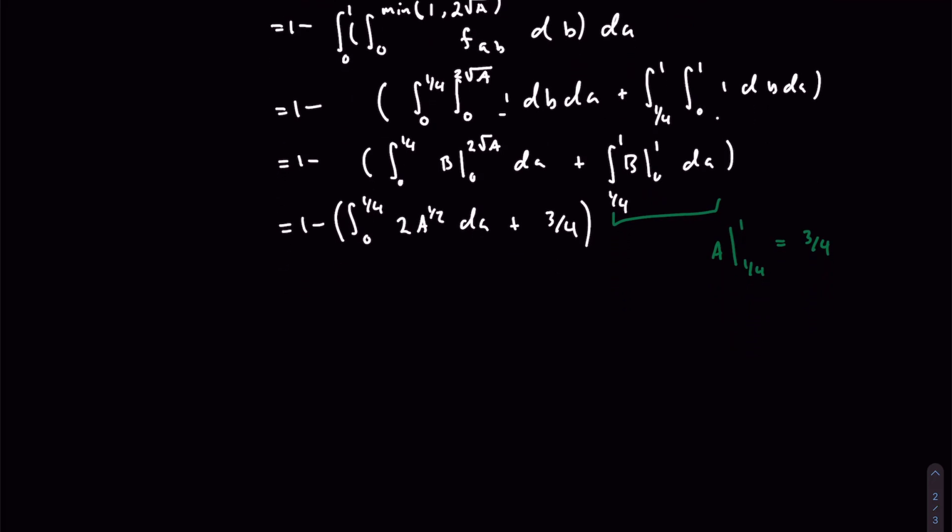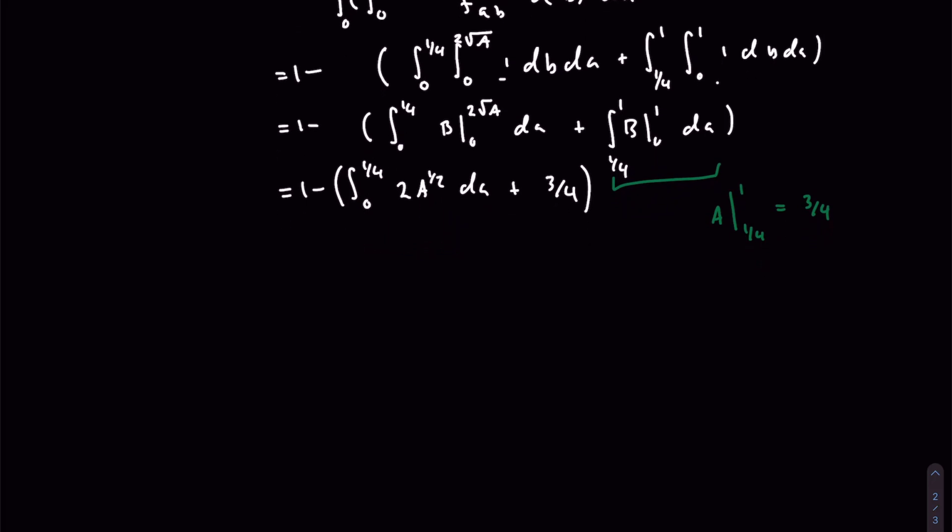Let's just focus on this part here, continuing on. By taking the integral of this, we add 1 to the power, and so we end up having 3 divided by 2. This is the power 2a to 3 divided by 2.